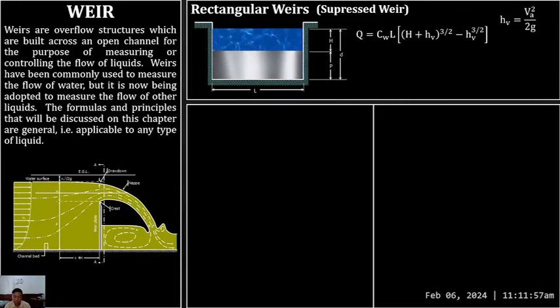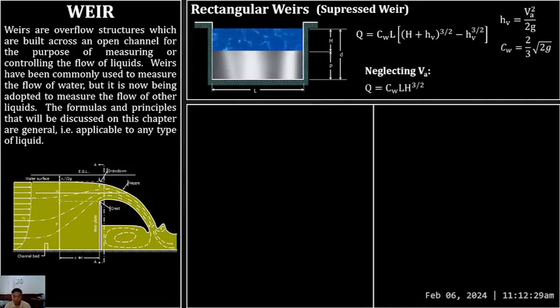Yan yung head due to the velocity of approach, that is VA squared over 2g. So ganyan lang: CW L times (H plus HV) raised to 3/2 minus HV raised to 3/2. Tapos yung weir factor is simply 2/3 square root of 2g. Yan lang yung formula natin.